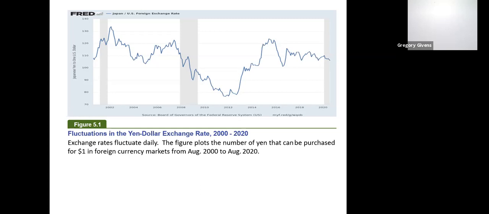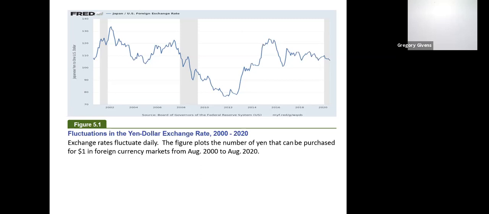By 2002, it was trading much higher at about 135 yen per dollar. But then way over here in 2012, the exchange rate got to a low point over the last 20 years, down to about 75 yen per dollar. So you see that the exchange rate can sometimes fluctuate dramatically over time. That's about at least a 50 percentage point swing in the exchange rate from high to low.